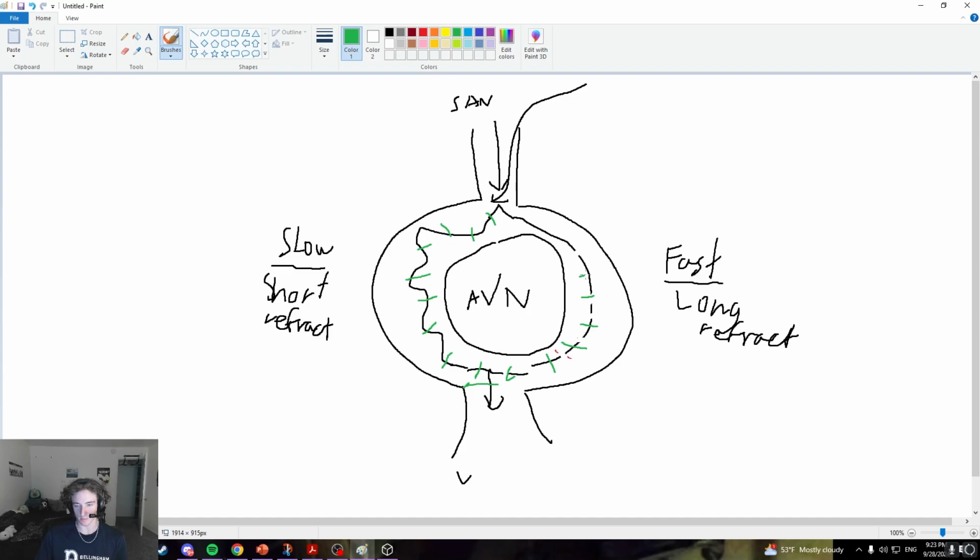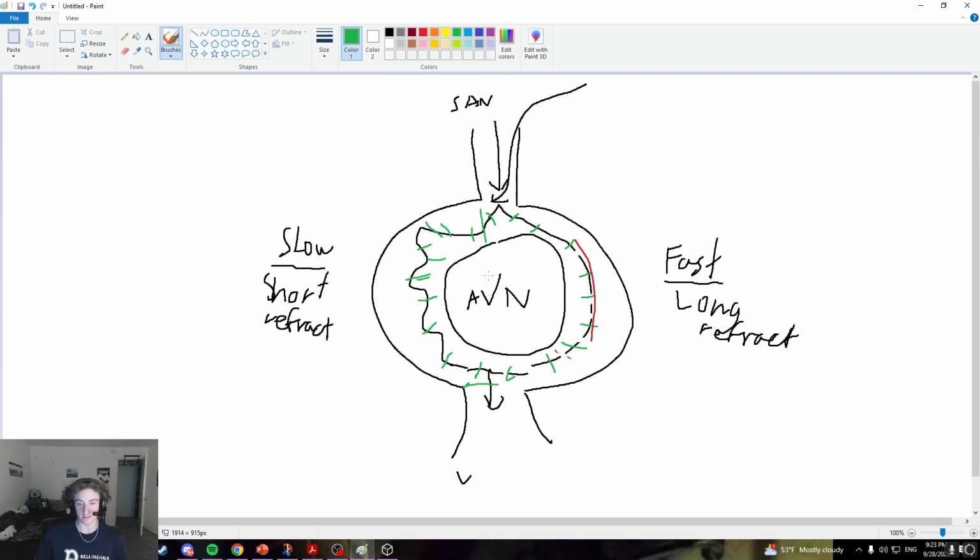Fast pathway is coming up here, and then we're back at this area, and then what happens? Well, the slow pathway has a short refractory period, so it's able to send it again, and then it keeps going, and now this is refracting, right? So now it's refracting, and then, can you see where this is going, right?